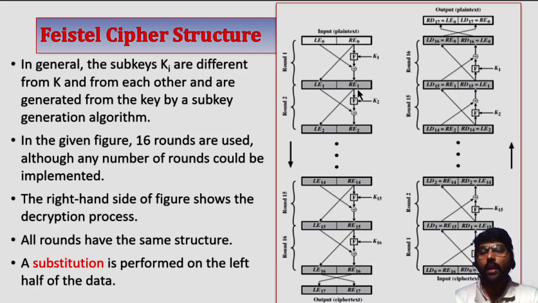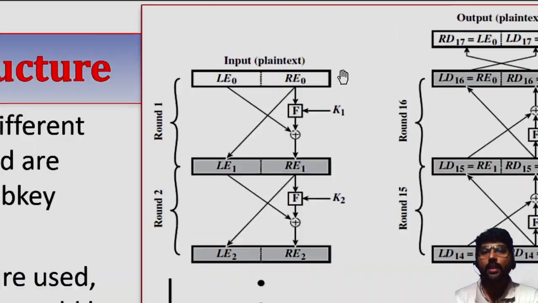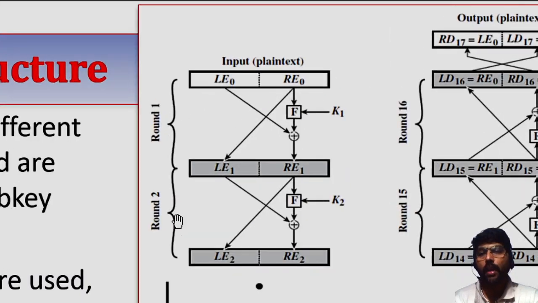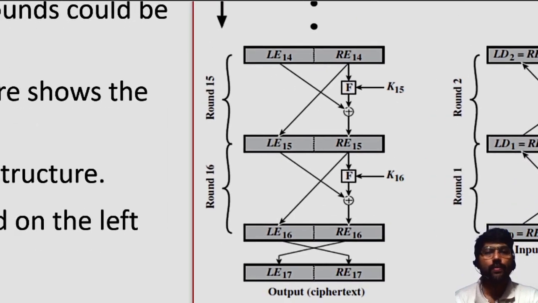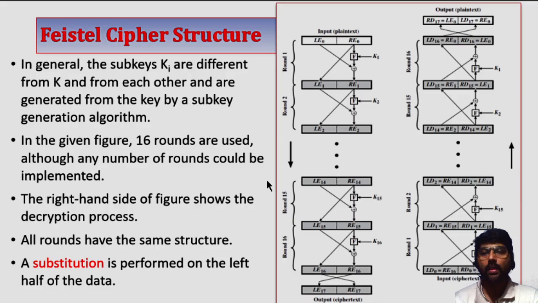In the given figure, 16 rounds are used, starting from round number 1 up to round number 16. In practice, we can use any number of rounds to convert into ciphertext.